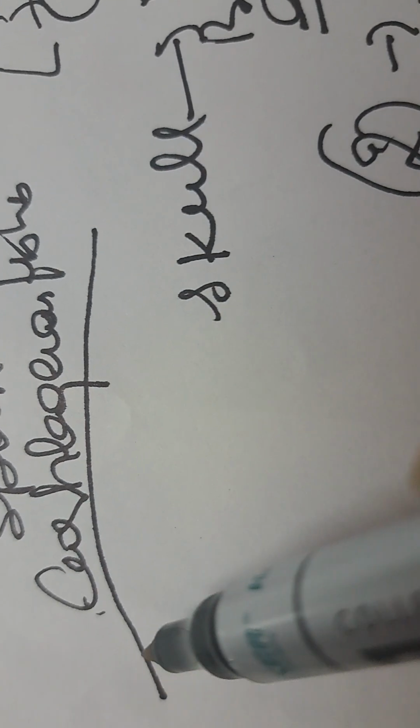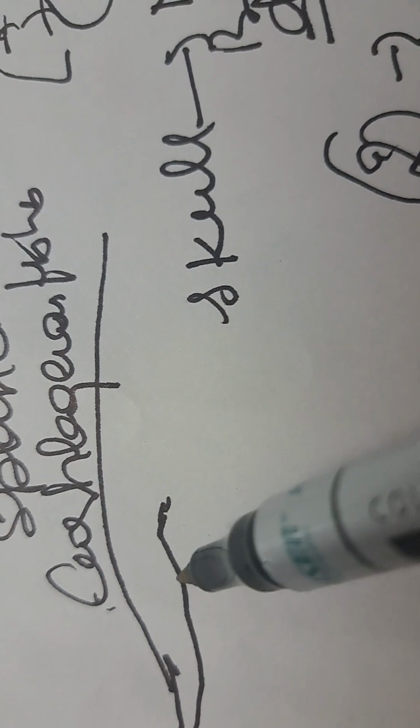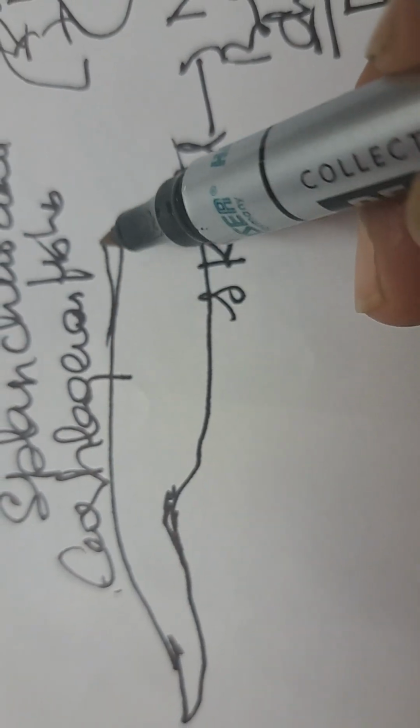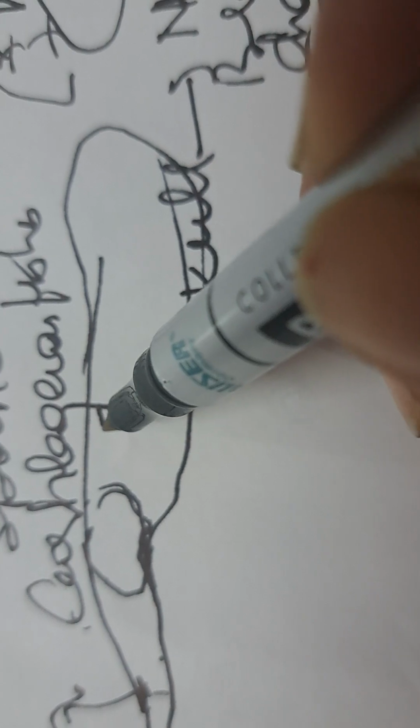If we look at the skull of the scoliodon, it is something like this: the rostral bone and the cranium, with certain sense organs: olfactory capsule, optic capsule, and this portion is the otic capsule.